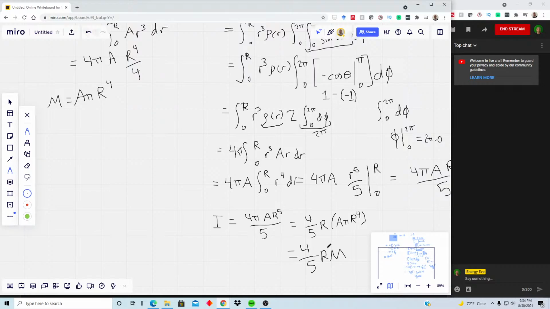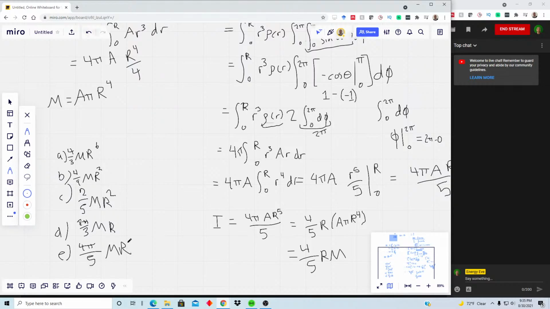So, because our options are: a, 4/3 m r to the 6; b, 4/9 m r squared; c, 2/5 m r squared; d, 2 pi over 3 m r squared; e, 4 pi over 5 m r squared.